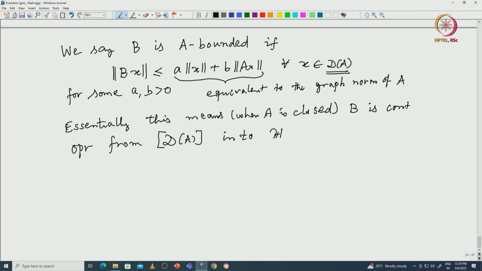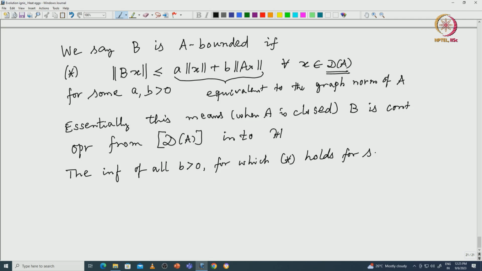So, here is one more definition. Okay. Let me call it star. The infimum of all b positive for which star holds for some a positive. So, if we change b, then a also may change. Okay.